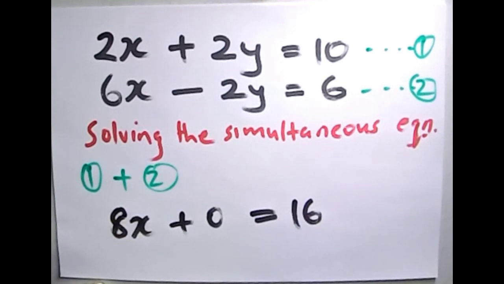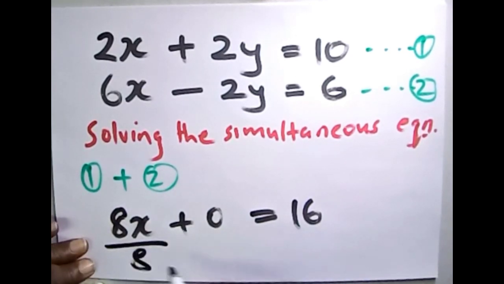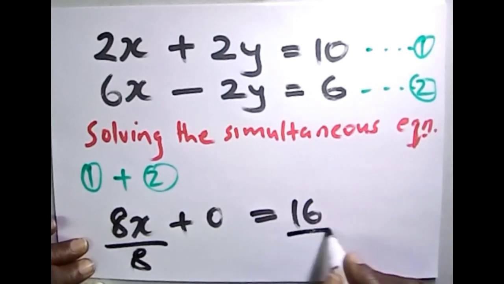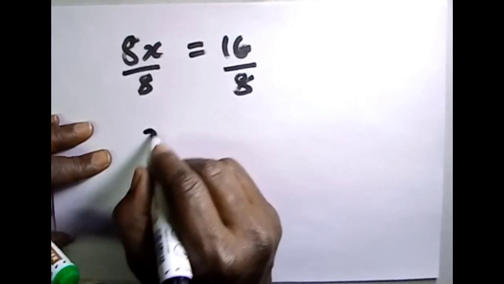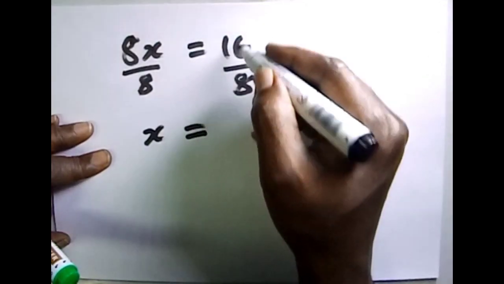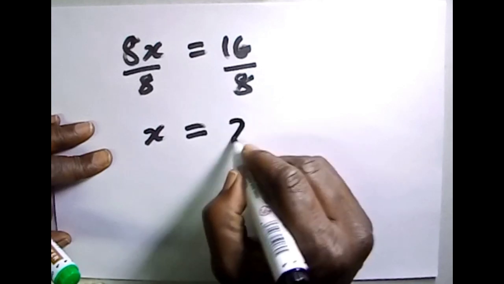We have now reduced this to a simple linear equation where 8x equals 16. And all we do here is to divide both sides by 8. x will now be equal to 16 over 8, which is 2.